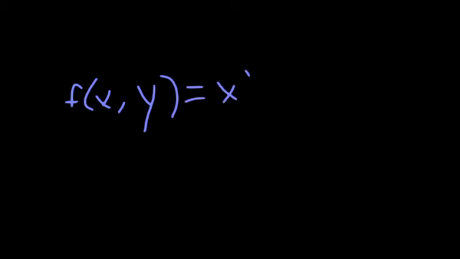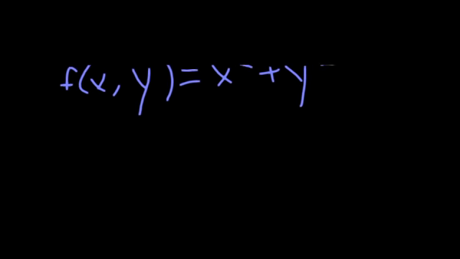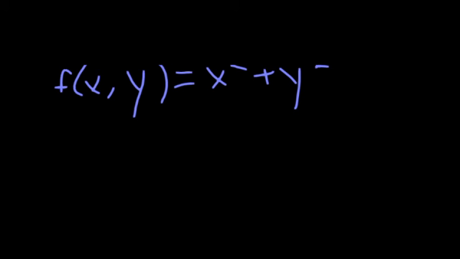So let's do an example. We have a function f of x, y, which happens to be x squared plus y squared, and we want to know the partial derivative.